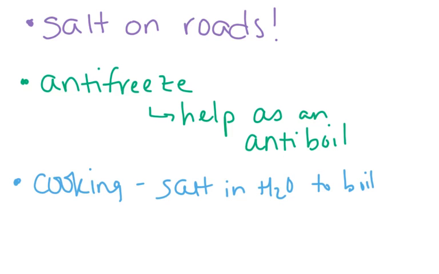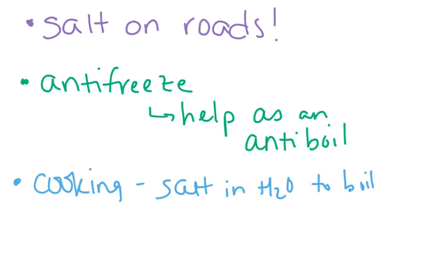And people put salt in water to season it. Same thing if you were to put oil in water. Even though oil doesn't really dissolve in water that much, it still will help disrupt and keep some of those water molecules from escaping to the gas phase. So some people use oil, some people use salt, whatever. But yeah, salt in water does not make the water boil faster. It makes it boil at a hotter temperature, which obviously is going to take longer to get to, but it'll make the pasta cook faster.